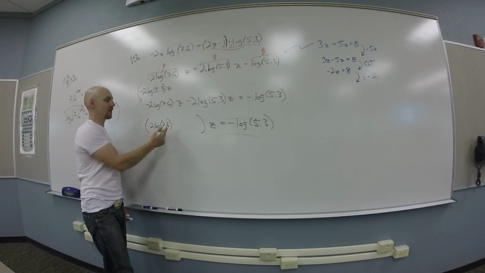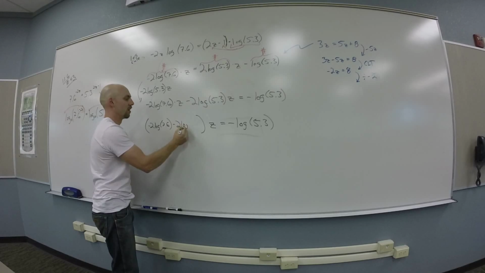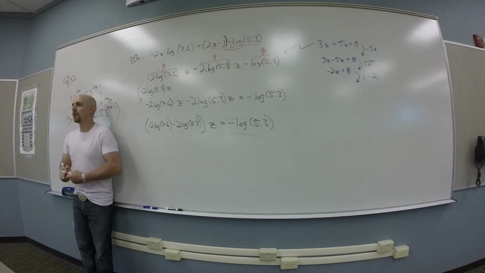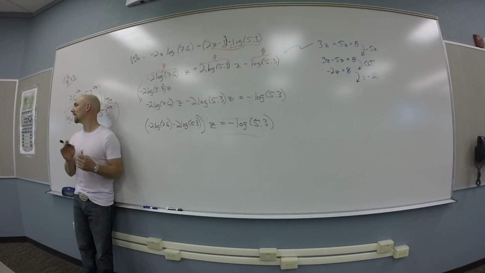So you had this many, take away 2 log of 5.3. You'd like to say that you could combine these somehow, to get -4 log and then whatever of 7.6 and 5.3. Obviously, you can't do that. You could use some log rules and do that, but it would be a lot of nasty monkey business.